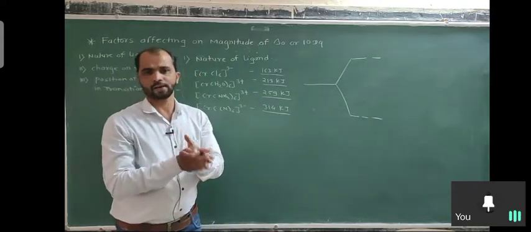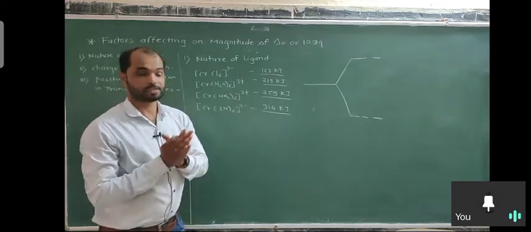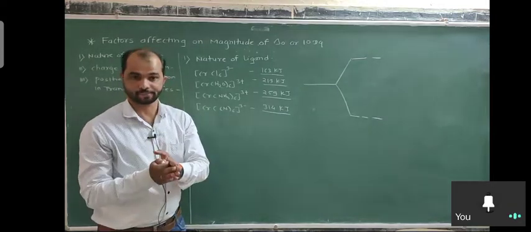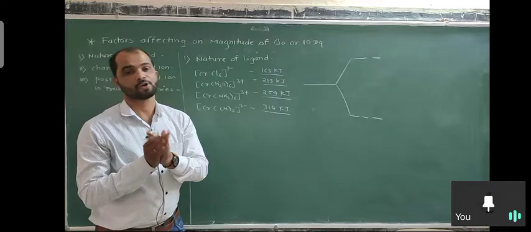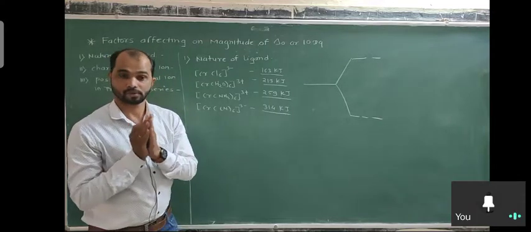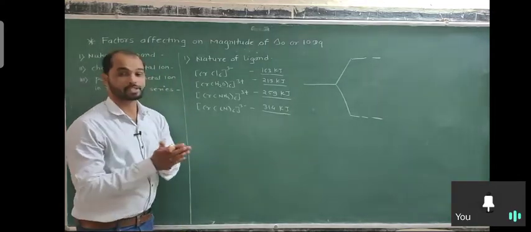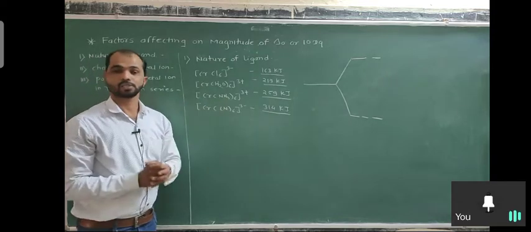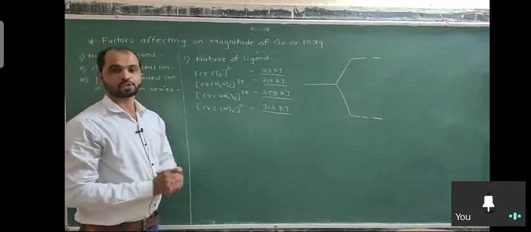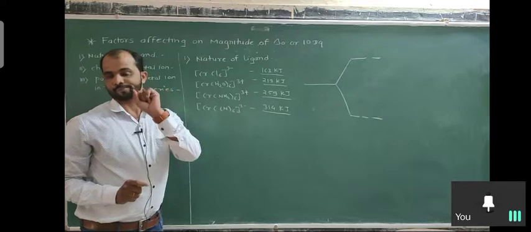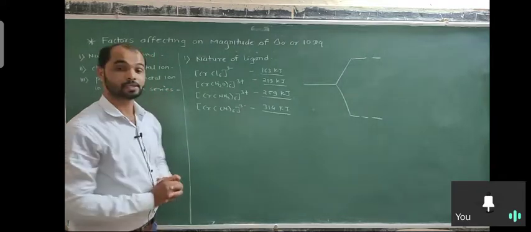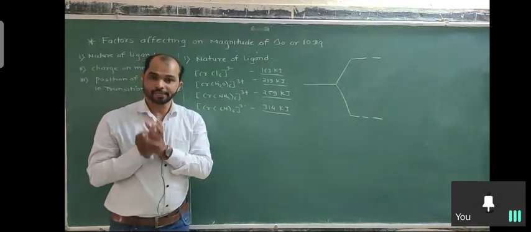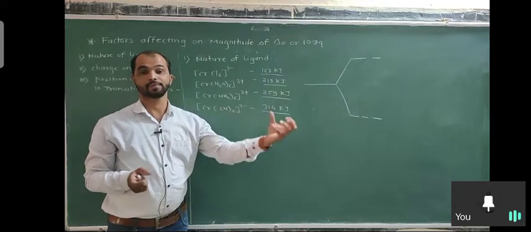So complexes which show stronger splitting show a higher 10 Dq value, while complexes which have lower splitting show a lower 10 Dq value. The splitting depends on the interactions of metal electrons and ligand.